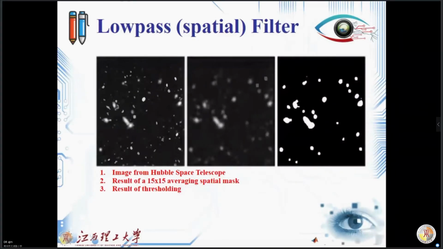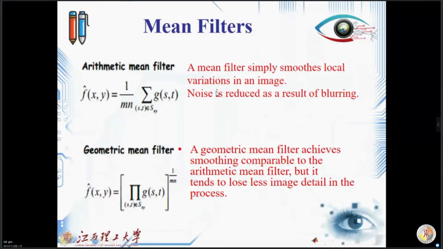The next filter that we discuss is the mean filter, which simply smooths the local variation in an image, and noise is reduced as a result of blurring. In this type of filter, we have two types of mean filter.